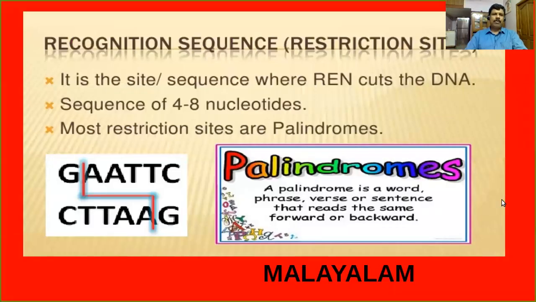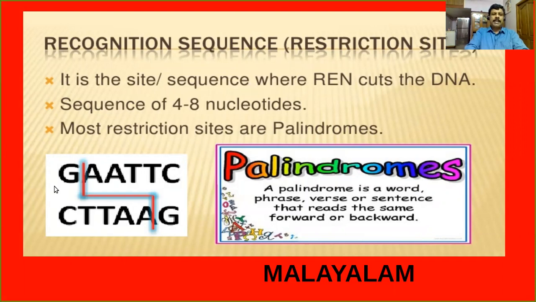Now we are going to learn in detail the action of restriction enzymes. Dear children, the restriction enzyme does not cut at all regions of DNA. The restriction enzymes can make cuts at specific regions of DNA. Such specific sites are collectively called a recognition sequence or restriction sites.